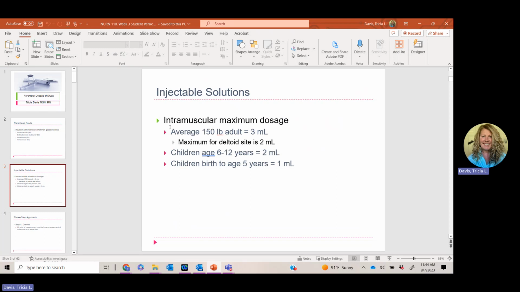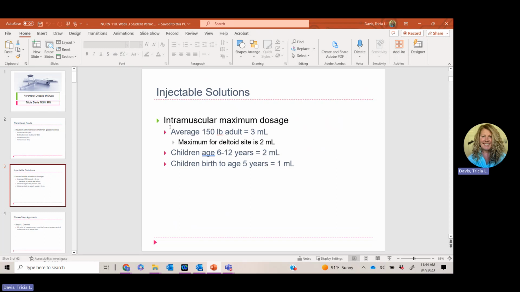So our smaller muscles, if we think about our deltoid, which is typically where we get a lot of our vaccines, so your COVID, your flu, your pneumonia, those sites are ideal for about 2 mLs, okay? If you have something that has more volume in it, 5, 6, 10 mLs, you might want to go into a bigger muscle like the vastus lateralis or something like that.